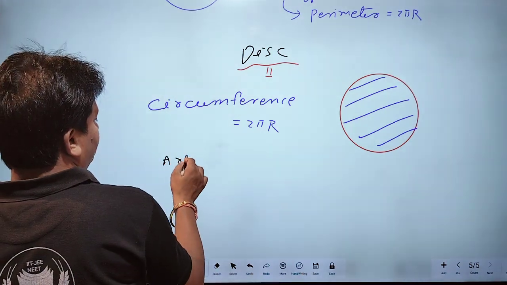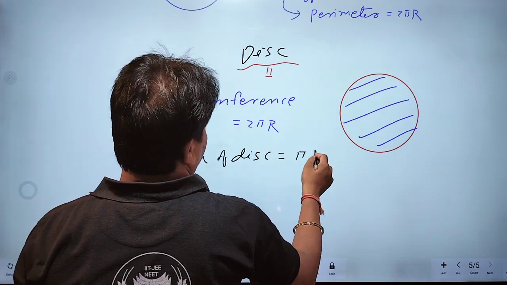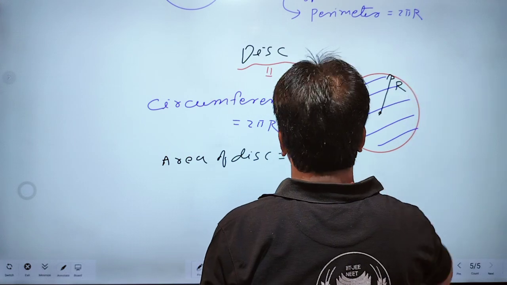And area of the disc should be equal to pi r square, where r is the radius of the disc.